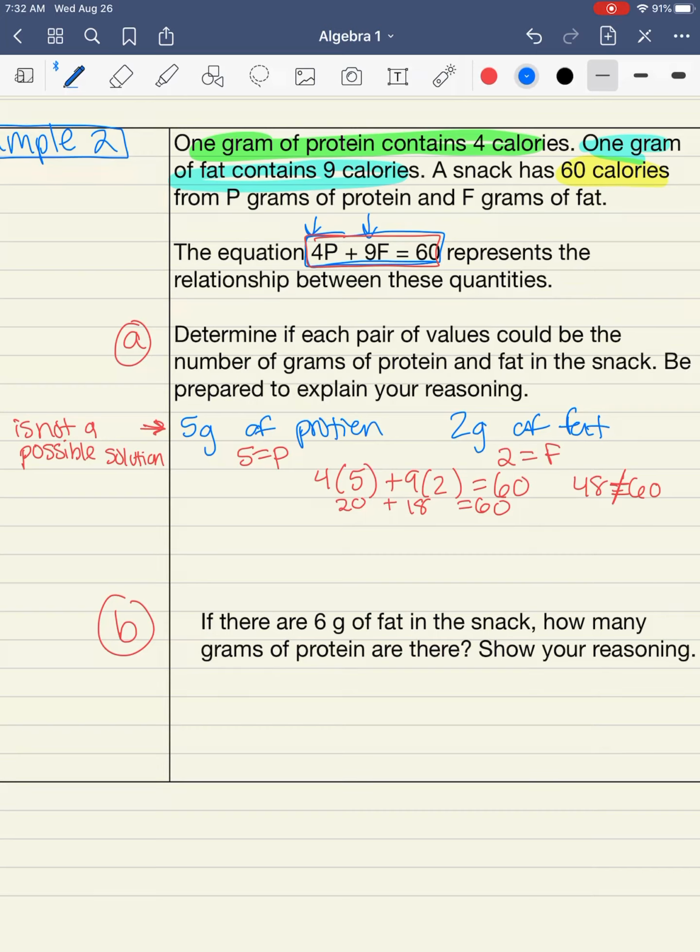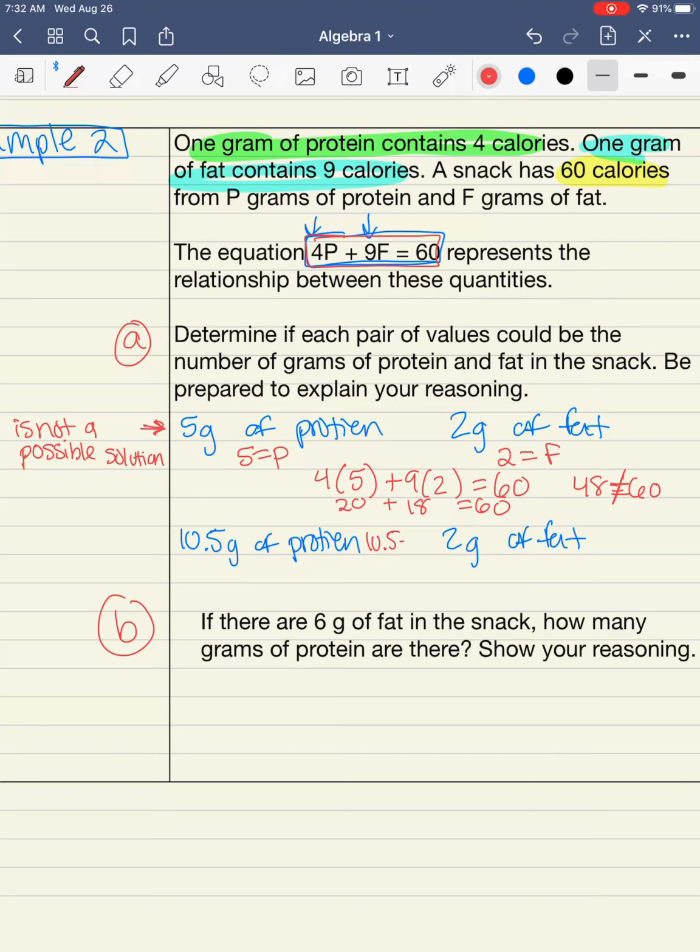Alright, the next values we're going to look at are 10.5 grams of protein and 2 grams of fat. We're going to do the same thing here where we plug in.